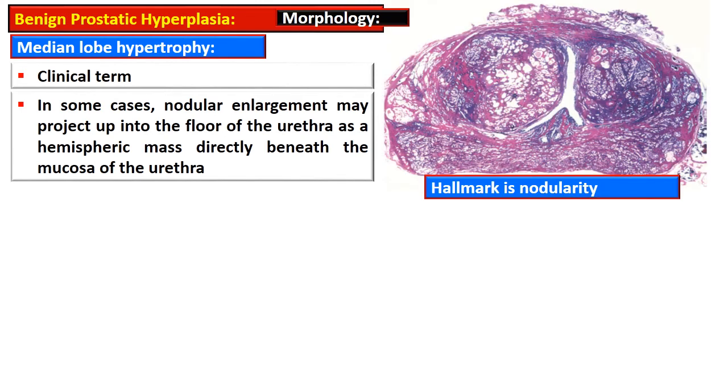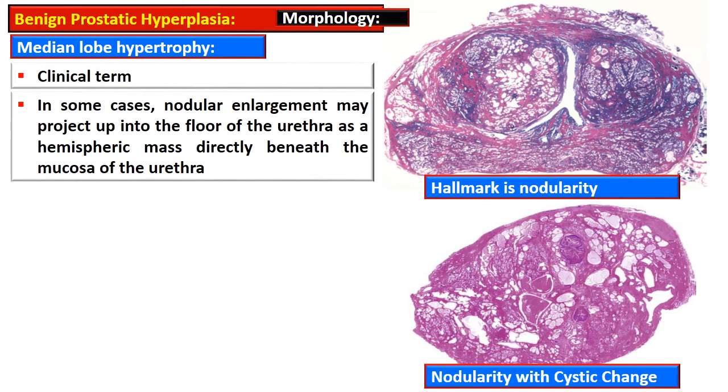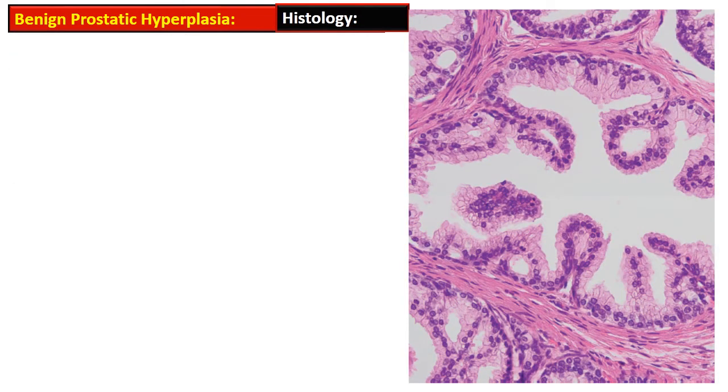So this picture is showing the whole mount microscopic view of the prostatic tissue. The nodularity is evident by this picture, and nodularity is the hallmark of benign prostatic hyperplasia. Sometimes this nodularity is accompanied by cystic changes. In the description of the gross morphology, we have seen that there are two types of nodules. One is purely composed of fibromuscular stroma, and that is a pale gray and firm nodule.